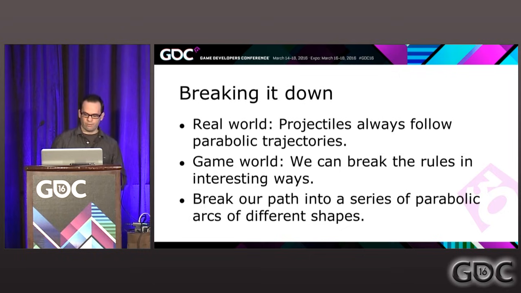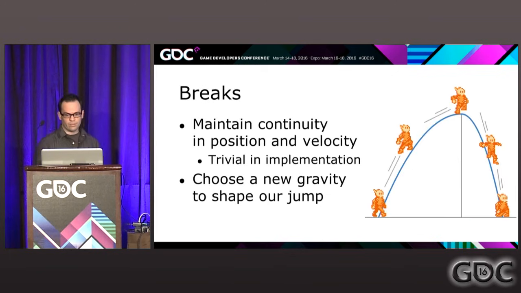And to give you a real-world example of a game that does this sort of rule breaking, in the original Super Mario Brothers, I think this was mentioned in Steve Swink's book, Game Feel. In the original Super Mario Brothers, Mario runs and jumps and flies through the air, and he reaches the peak of his jump, and suddenly gravity triples, and Mario falls like a brick.